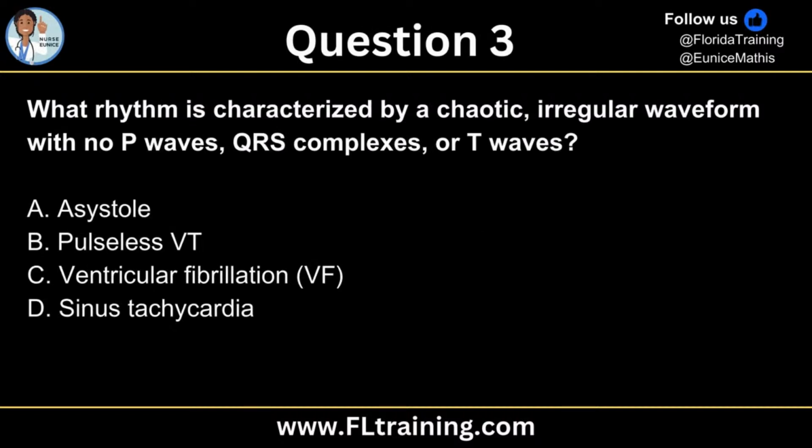Question number 3. What rhythm is characterized by a chaotic, irregular waveform with no P waves, QRS complexes, or T waves? So which of those rhythms had no discernible complexes? Is it asystole, pulseless ventricular tachycardia, ventricular fibrillation, or sinus tachycardia?